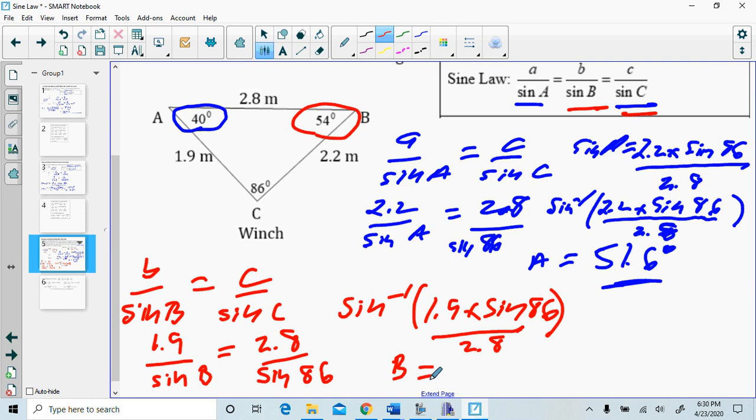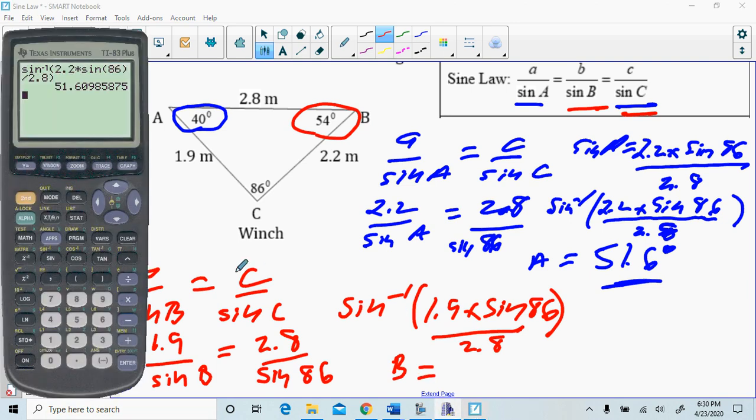So again, just go to the calculator, work with our numbers. So we're going to go second function sine, and then 1.9 times sine of 86, all divided by 2.8. We get 42.6.